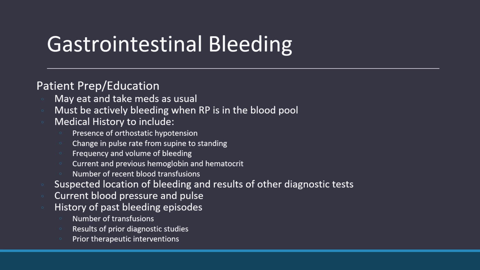If they've had a recent colonoscopy or endoscopy, you want to know the current blood pressure and pulse, and then any history of past bleeding episodes, whether they needed transfusions for that, how many transfusions they've had, results of any other diagnostic tests, and then any prior therapeutic interventions that may have occurred.